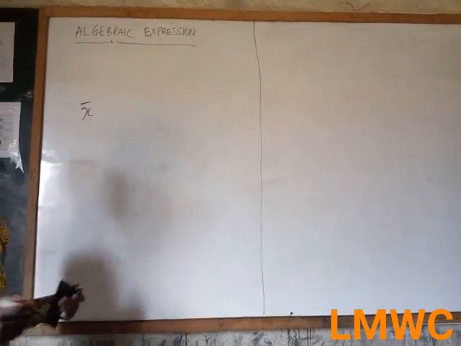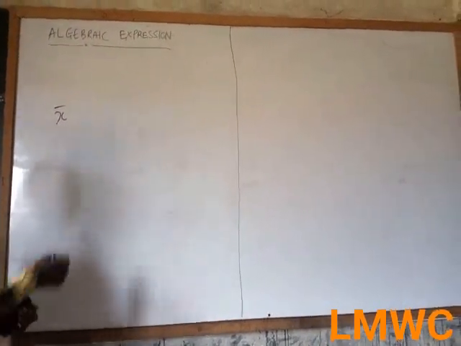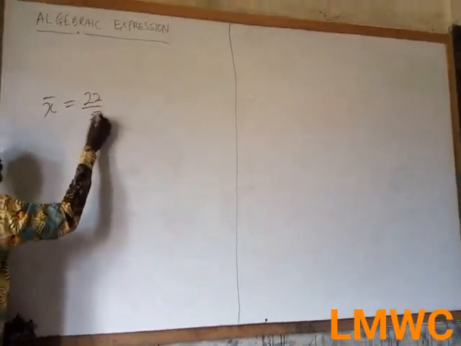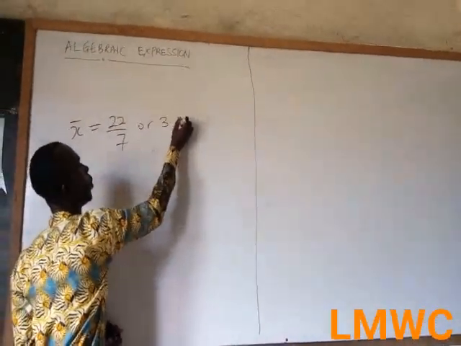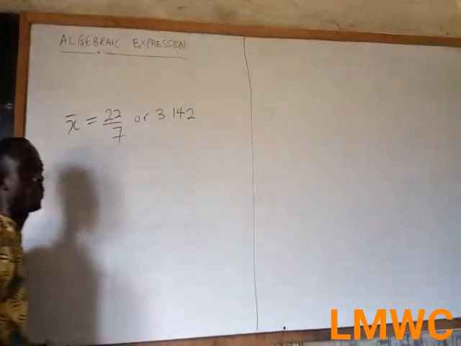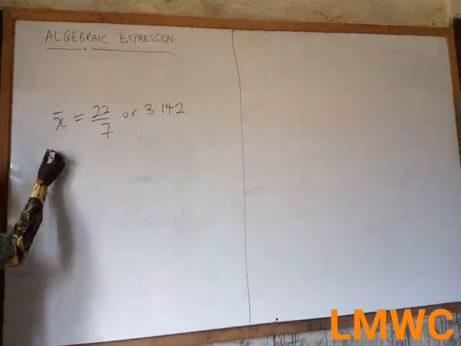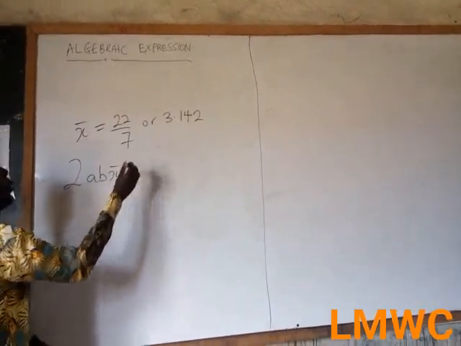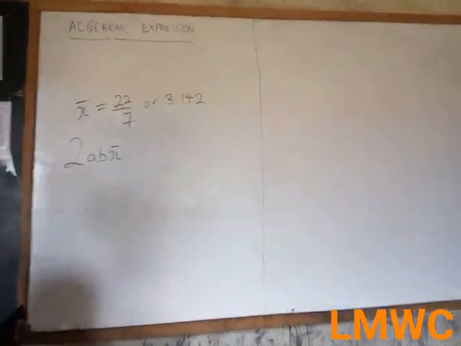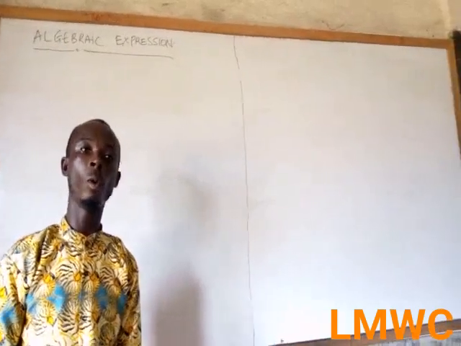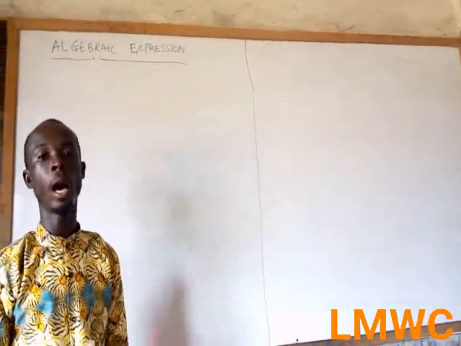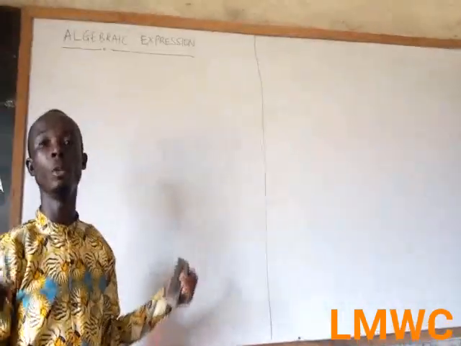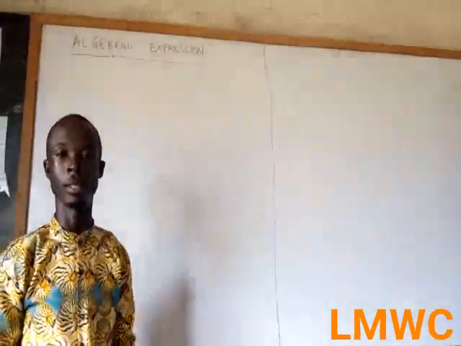This is constant, it can't be changed, because we know pi is equal to 22 over 7, or 3.142. So algebraic expression uses numbers, letters, and also symbols. So take note.